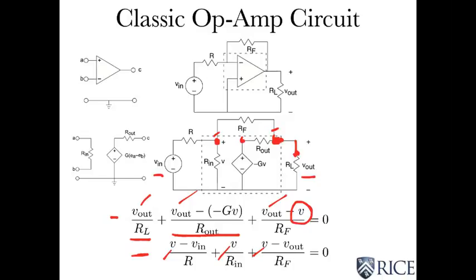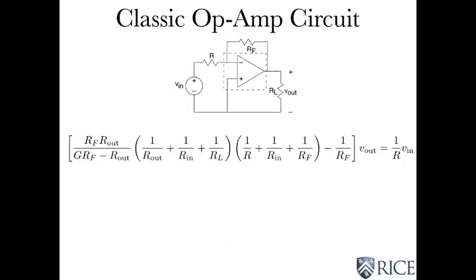And the result you get, unfortunately, is not terribly simple, but that's okay. So after some manipulation, what you get is the following result. As you might expect, the result is going to depend on every circuit element and the gain of the op-amp. So this is where the fun comes.